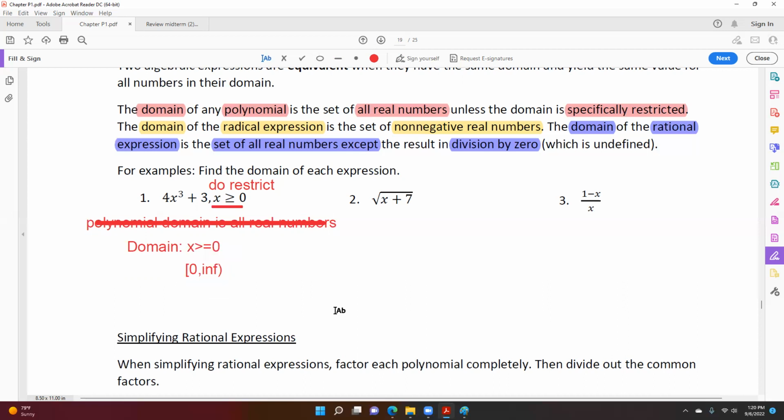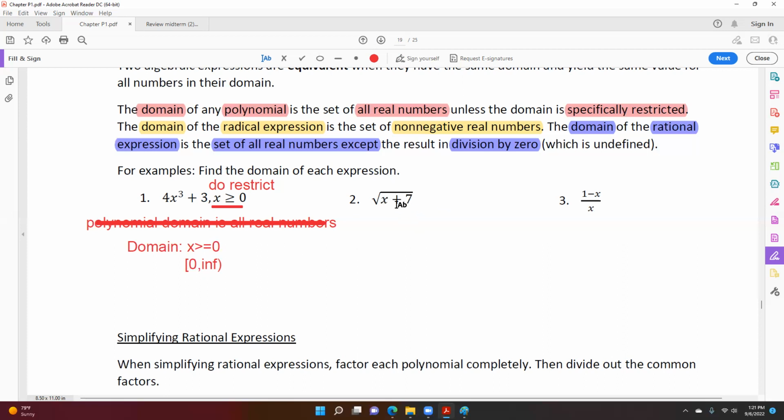Again, I don't have an infinity symbol, so I will use INF for infinity. There are two ways to write this domain. I'm not very picky about how you write this. You can write it this way or that way.